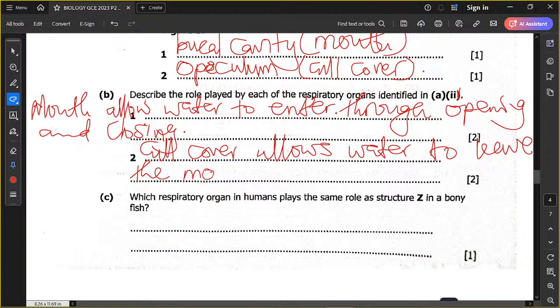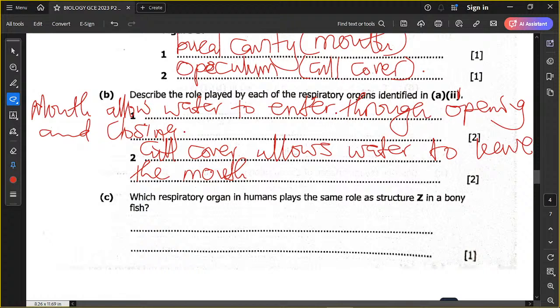When the fish traps water in its mouth, the gill cover will open so that the water can leave the mouth. Okay, so the water will just pass, and then the process continues again.